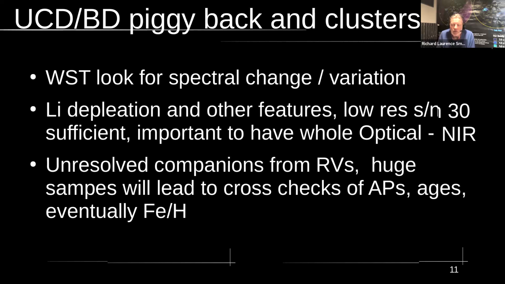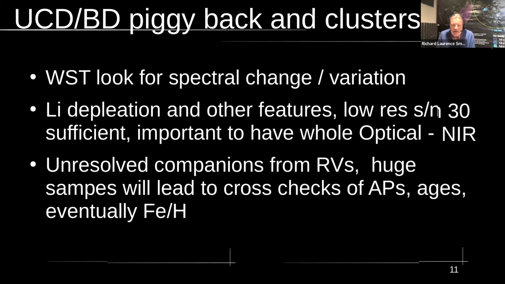The lithium depletion requires just low resolution and signal to noise of about 30. This is what's been done in the other program that I've seen. It's very important having the whole optical and NIR. For example, subdwarfs, if there are old objects, then the optical is very useful, and if there are young objects, then the NIR is very useful. So having the full optical to near infrared coverage of the WST is particularly useful for distinguishing the various indicators, your favorite indicator that you might have.